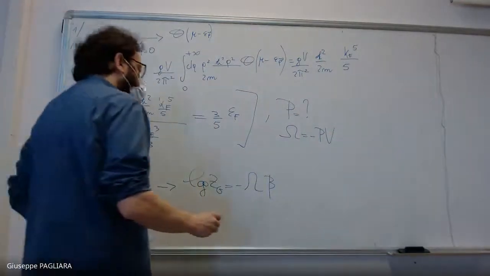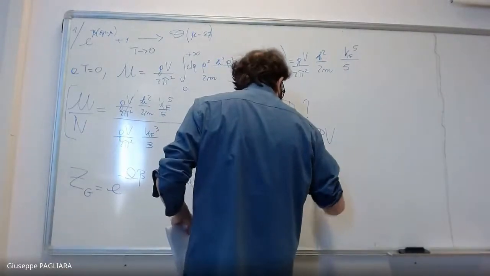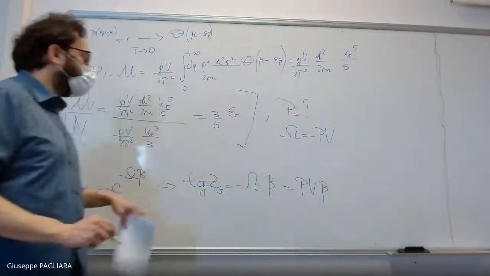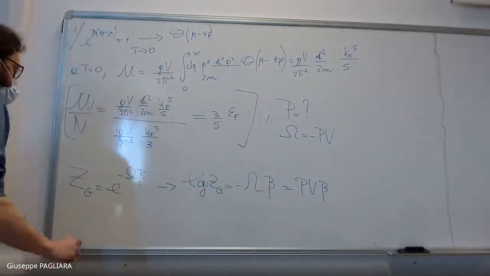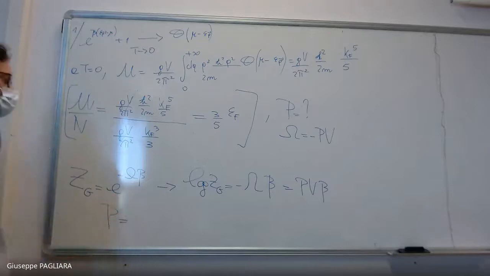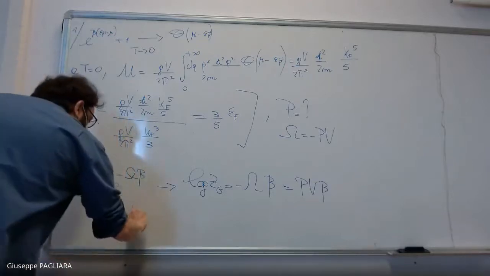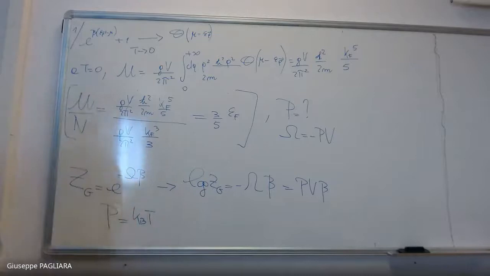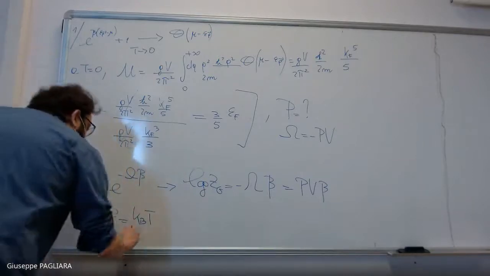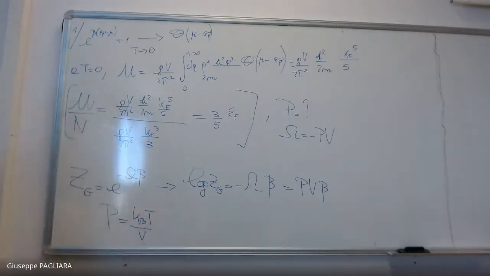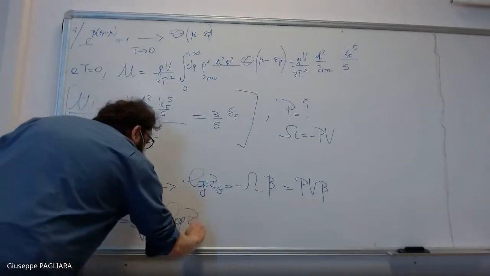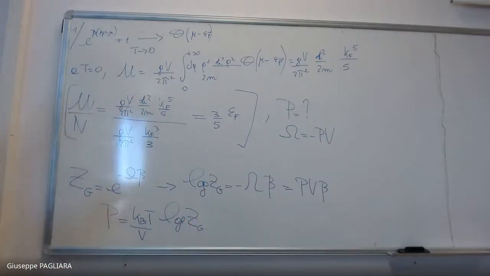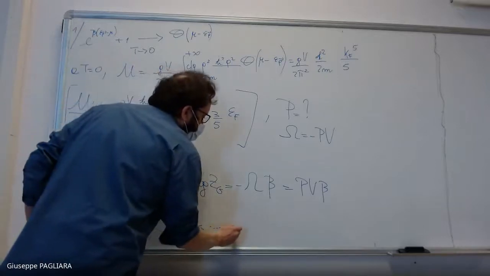So therefore, here I have P V beta, which is equal to the log of Z of G, from which the pressure P is equal to kBT divided by volume, and then I have the log of Zg. Let me check if this is correct. kBT, yeah.